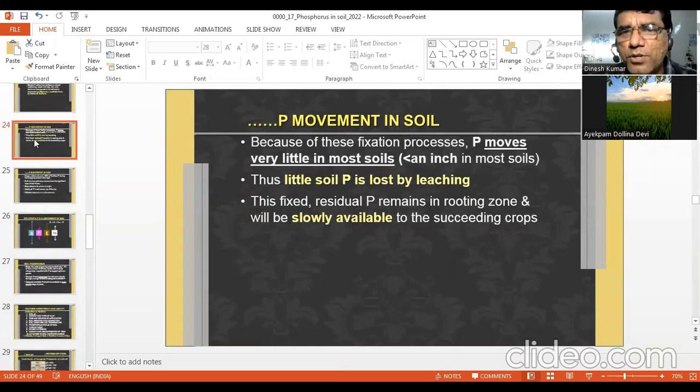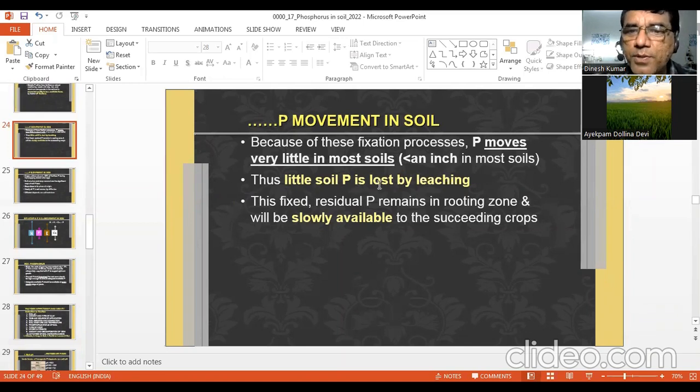Because of these fixation processes, phosphorus moves very little in most soil. The data says that it moves less than an inch in most soil. An inch means 2.5 centimeter. So it moves less than 2.5 centimeter, not more than that, and that is mostly by diffusion.